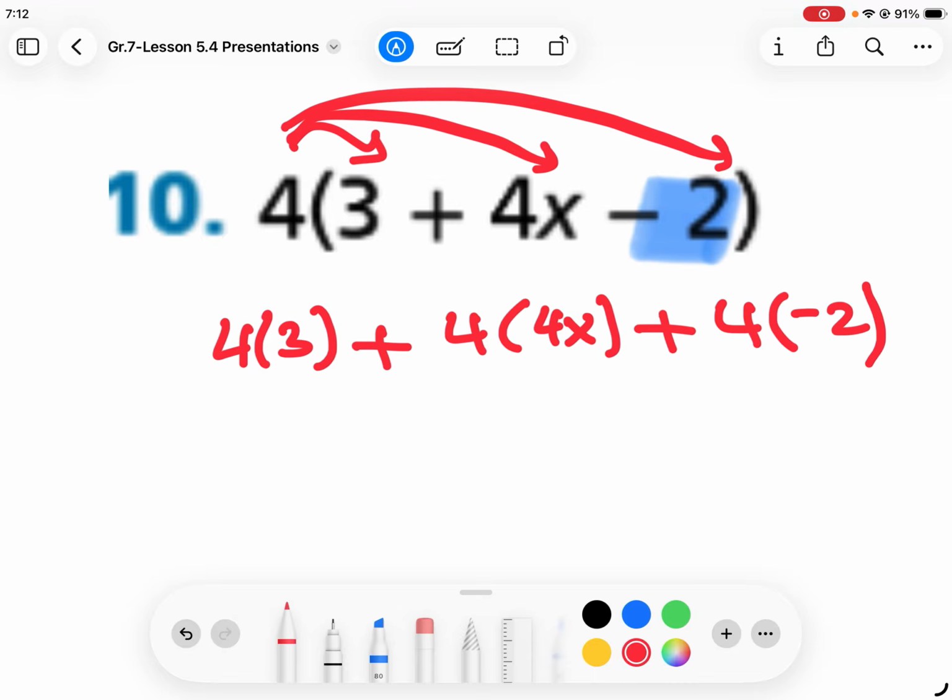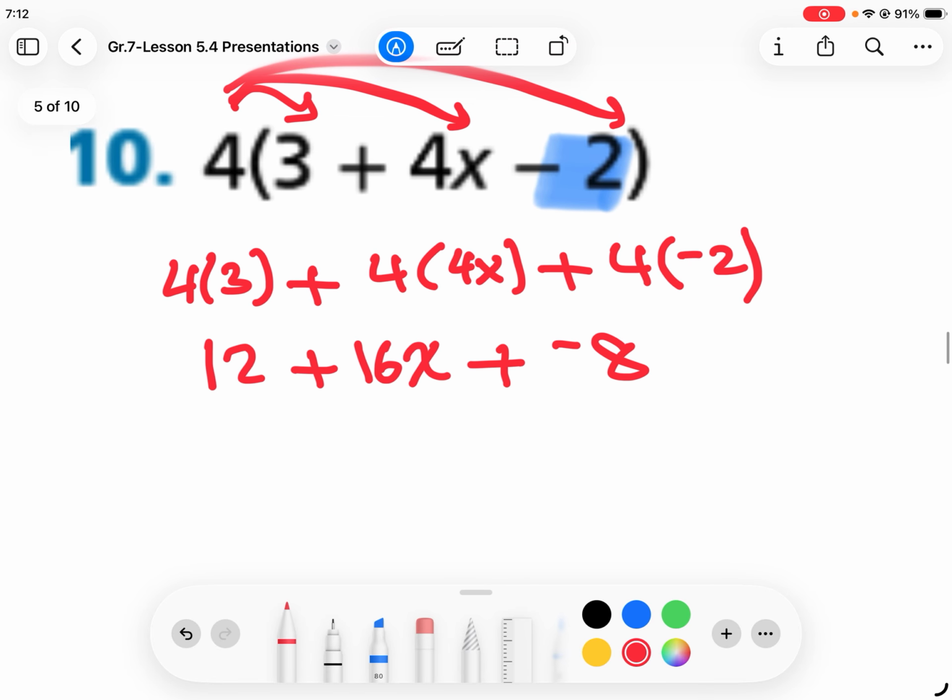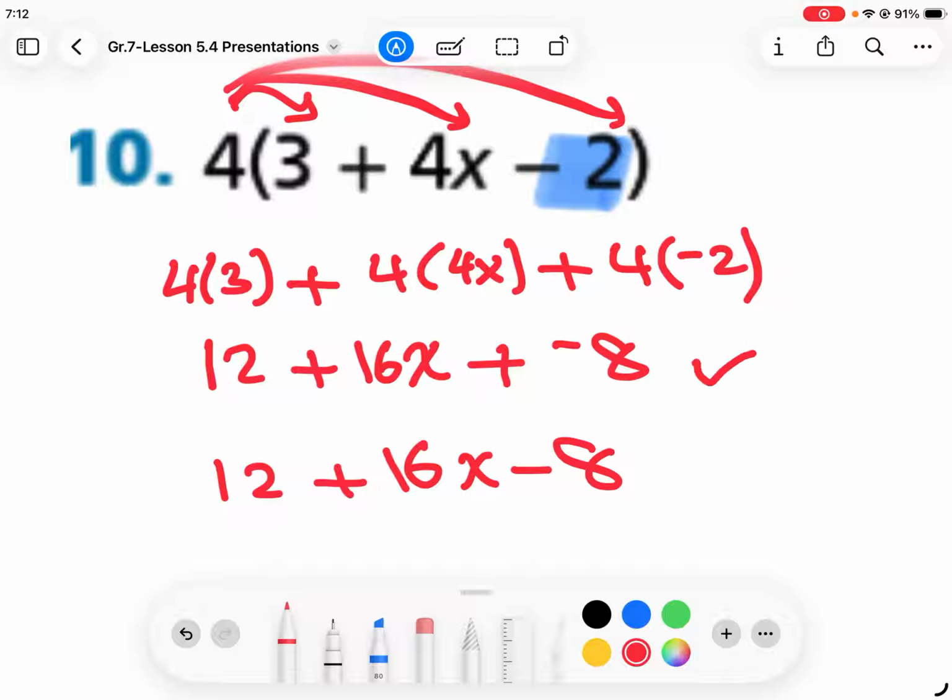Now let's do the math. 4 times 3, that's a 12, plus 4 times 4, 16x, you just copy it, plus 4 times negative 2, that is negative 8. Okay, let's write it without using two signs. Let's keep one sign only. 12 plus 16x minus 8. You can write it like that or like that. Okay?